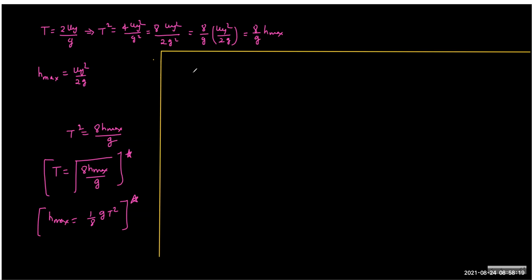So what else can we derive in oblique projectile motion? The obvious question will be the equation of trajectory.